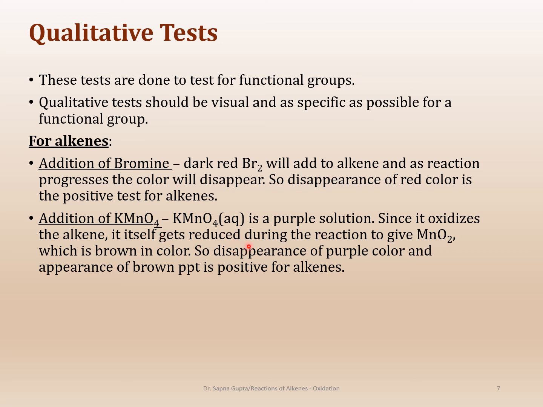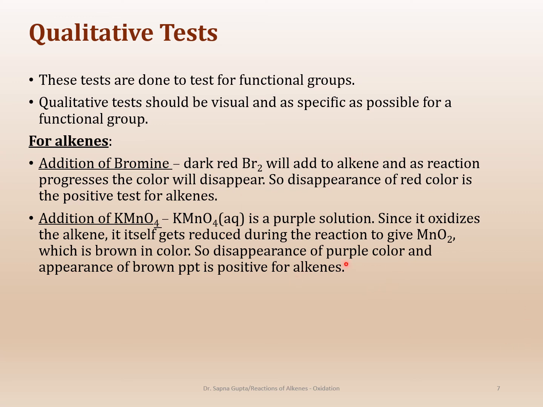KMnO4 is a nice, really deep purple colored solution. KMnO4 is the oxidizing agent, which means that it is giving oxygen, oxidizing something else, and it itself is getting reduced.